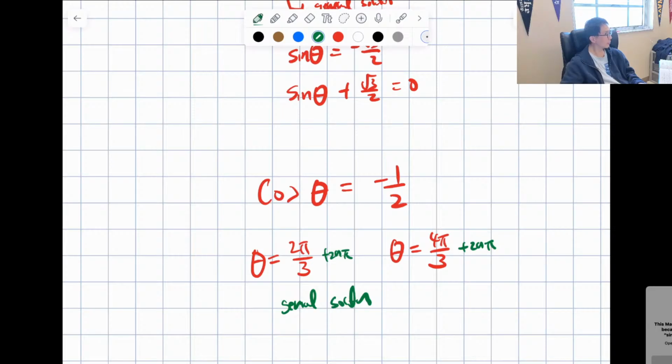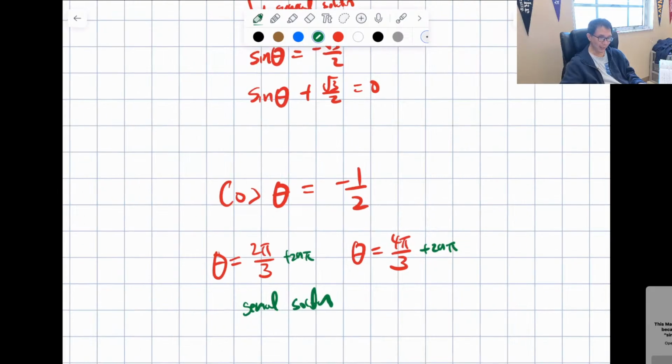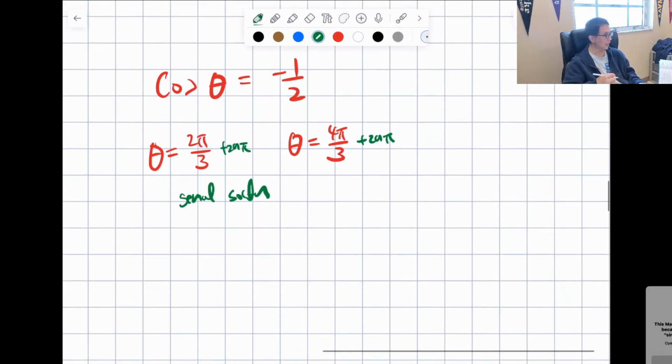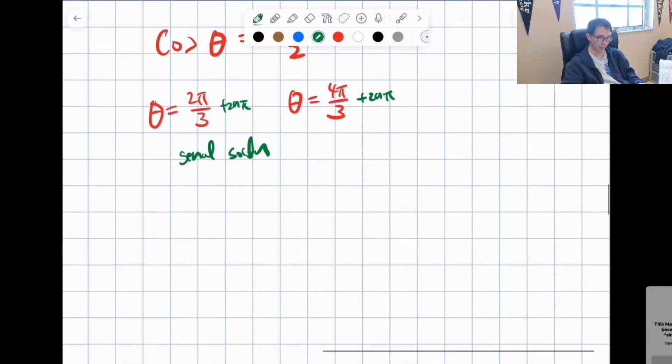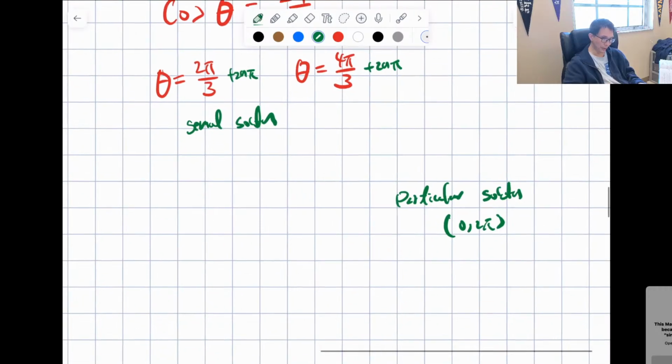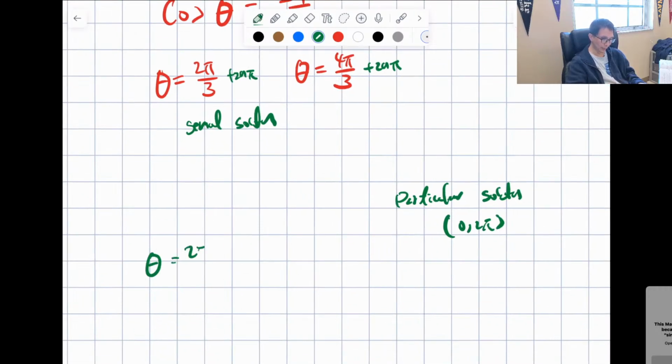Is that okay? Now, if I say I want you to find the particular solution, what is a particular solution? Particular solutions within 0 to 2 pi, then your answer is going to be theta is equal to 2 pi over 3 and theta is equal to 4 pi over 3, because they are exactly within 0 to 2 pi.